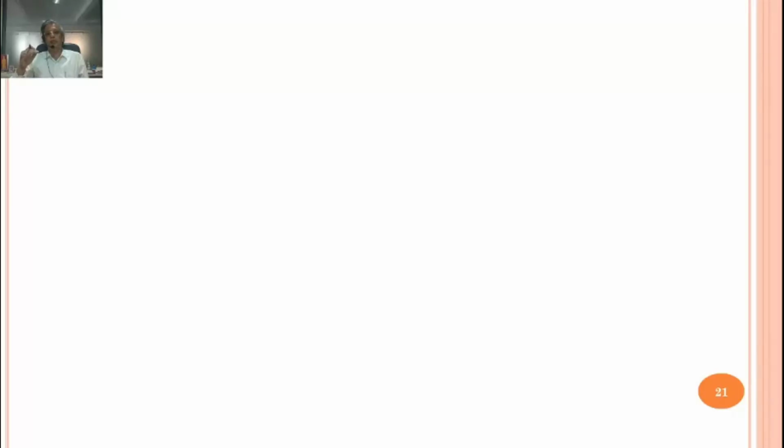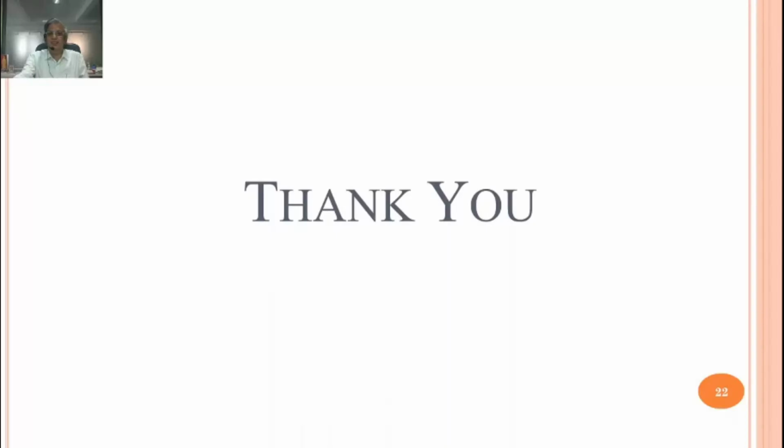The impulse signal is a very useful signal for signal analysis. Then rectangular signals, triangular signals, sinc signals, and signum signals, and in the last the real exponential signal and the complex exponential signals. Okay, we stop here.